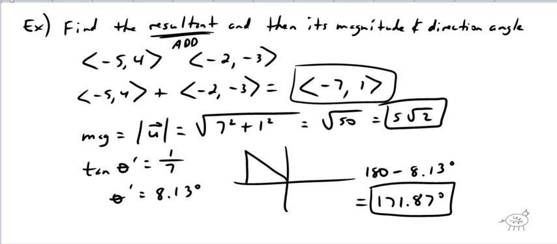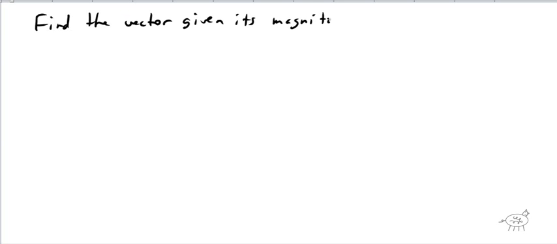So let's do, I want to do a few more problems here, math fans. And the directions for these next problems are, it's going to say find the vector given its magnitude and direction angle.